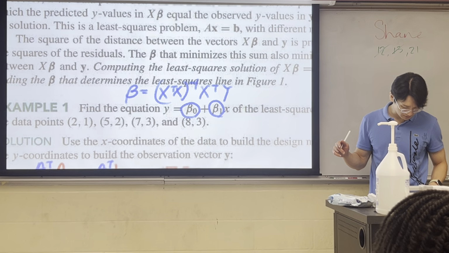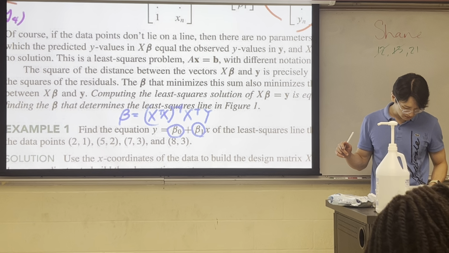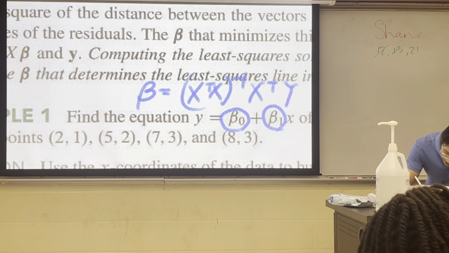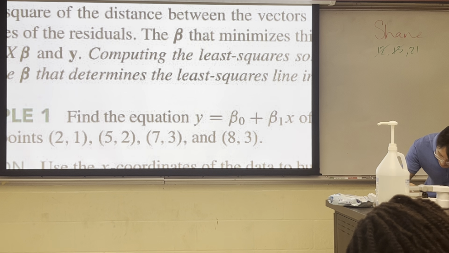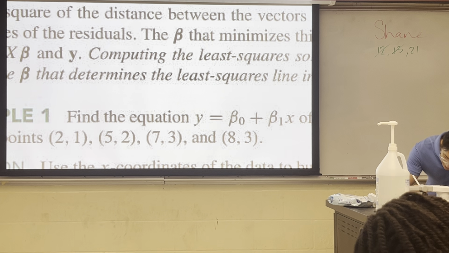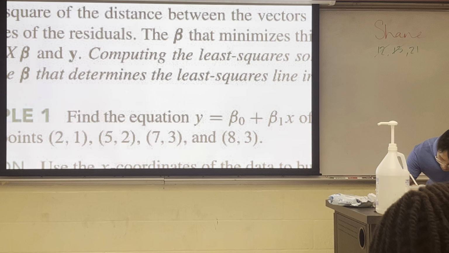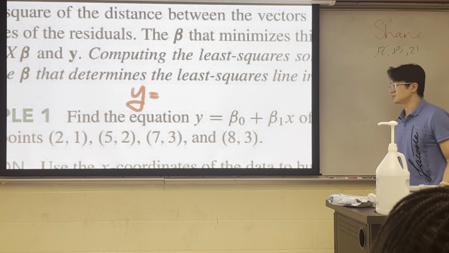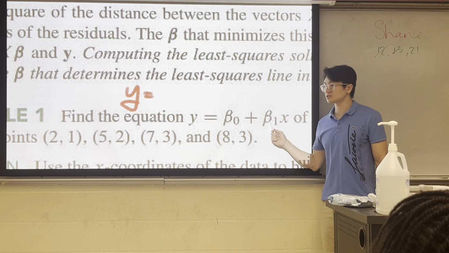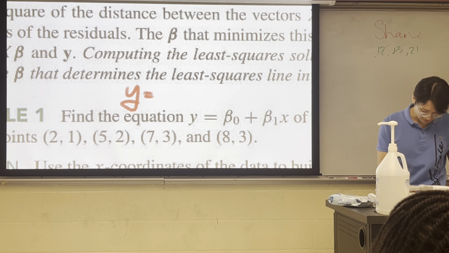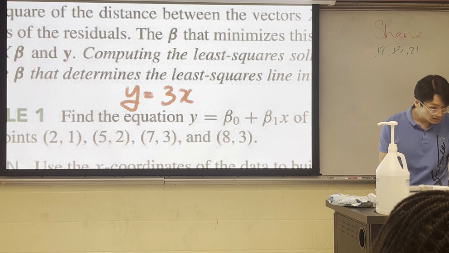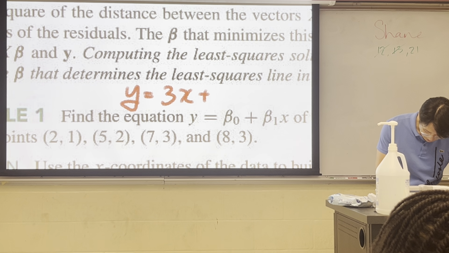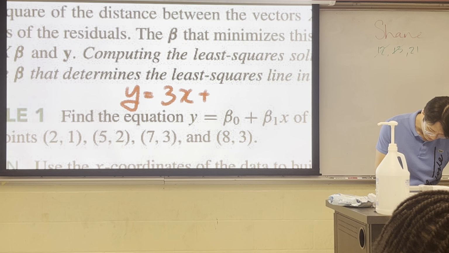Okay. Let's try this first. Oh, instead of this data point, I give you a new point. Okay, let's verify. What betas do you want to use? Give me some value. Let's say 3x plus 5.